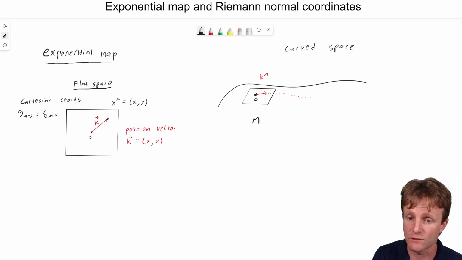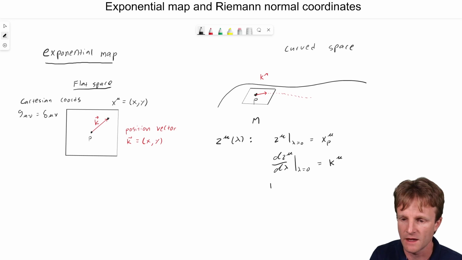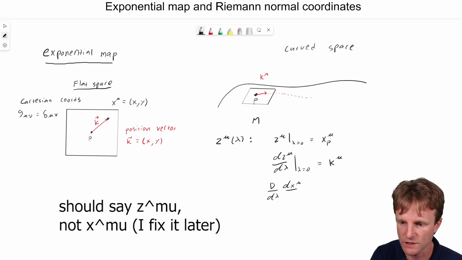And what are the equations for that? Well, the initial condition, I'm going to call it z^μ(λ), that'll be our geodesic, and the initial condition is just z^μ at λ=0 is P, so let's say the coordinates x^μ of the point P, and the initial derivative dz^μ/dλ at λ=0 is just k, and the geodesic equation is a second order differential equation.